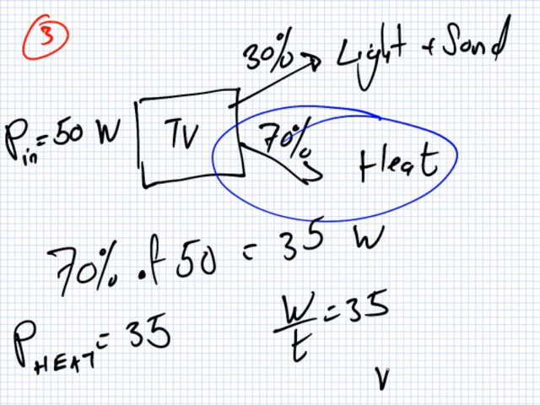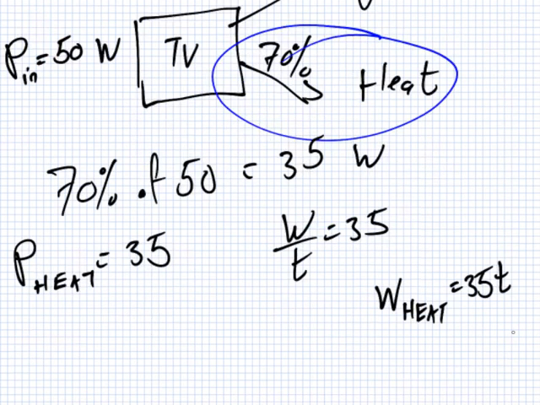So the work, but this is wasted work, is 35 T. What's the T? What's the time? 1 hour, is it? Yeah. So 3,600. So this will be 126 kilojoules of wasted heat energy work.